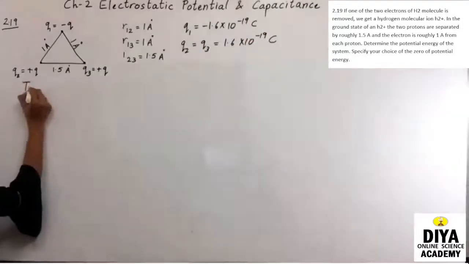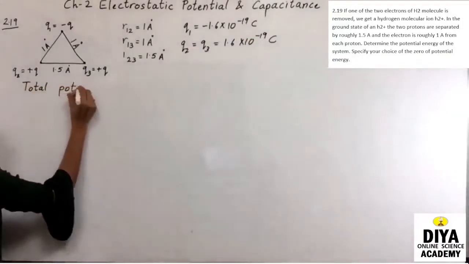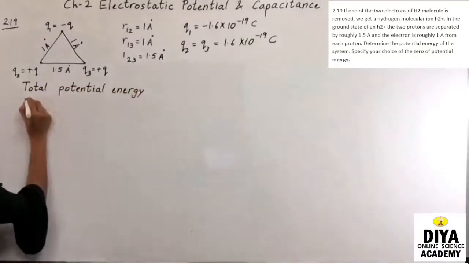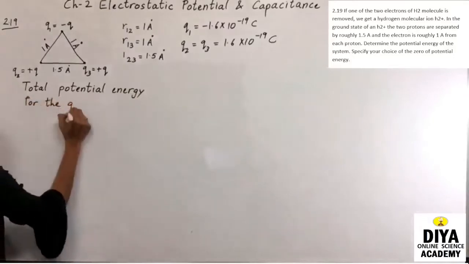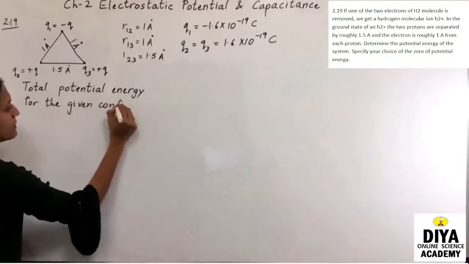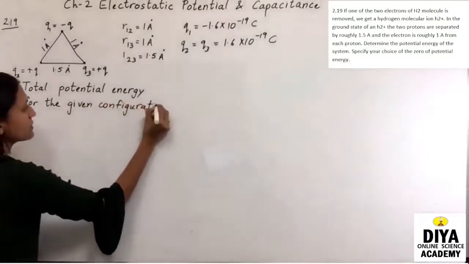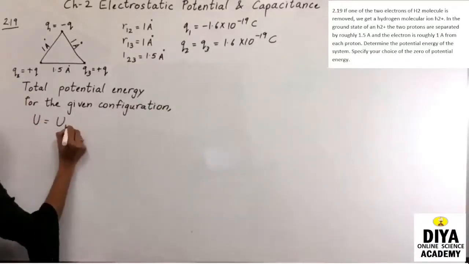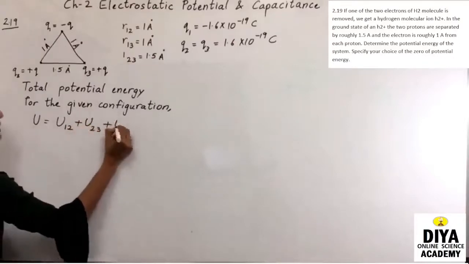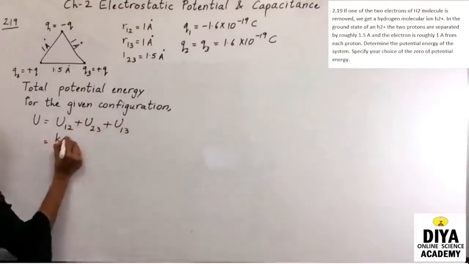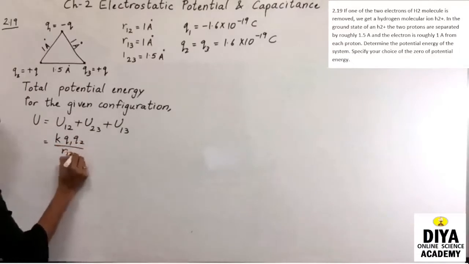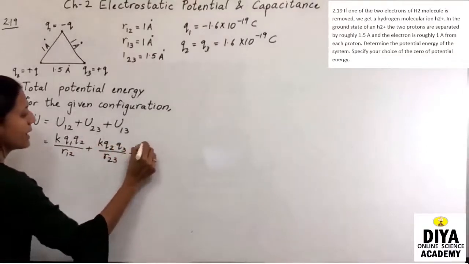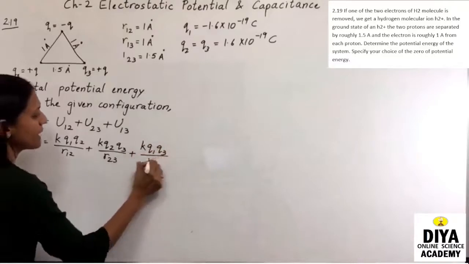So the total potential energy for the given configuration is U equals U12 plus U23 plus U13, that is k Q1 Q2 by r12 plus k Q2 Q3 by r23 plus k Q1 Q3 by r13.